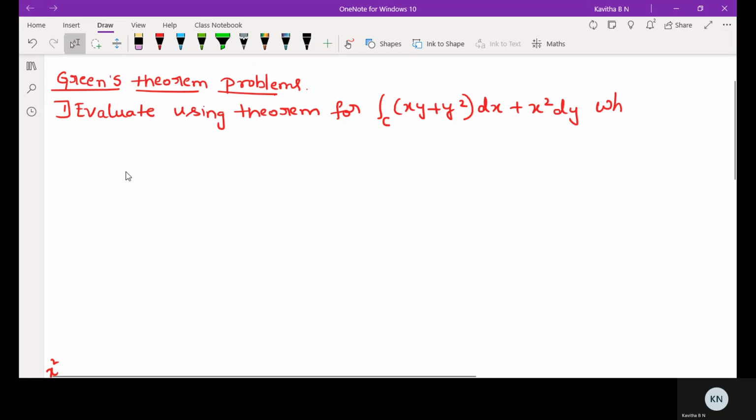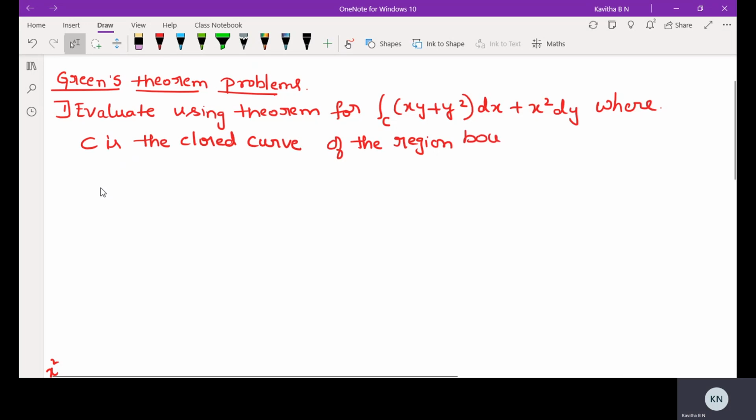where capital C is the closed curve of the region bounded by y is equal to x and y is equal to x square.